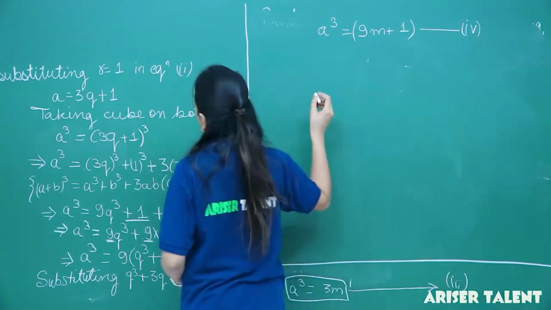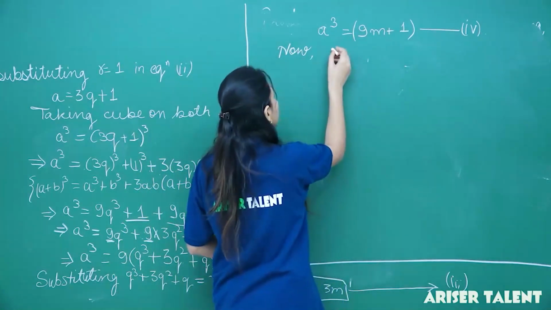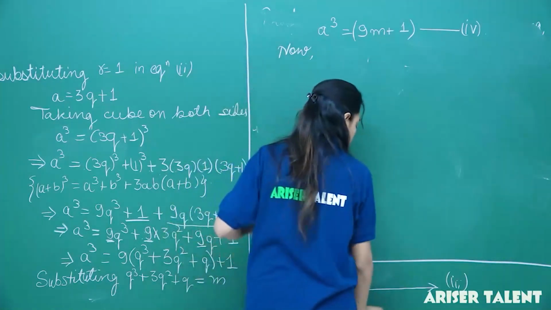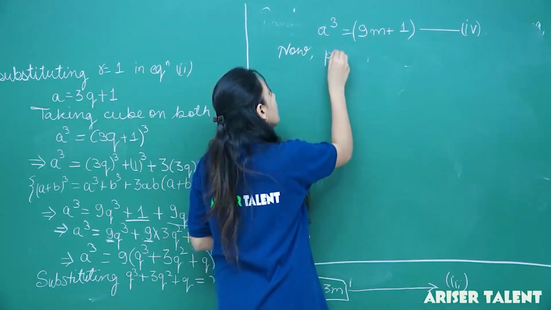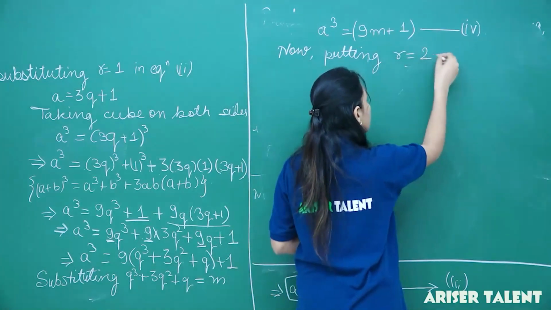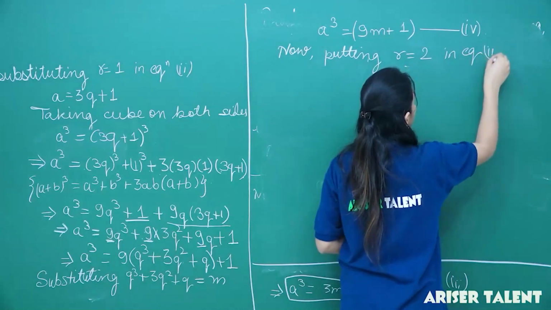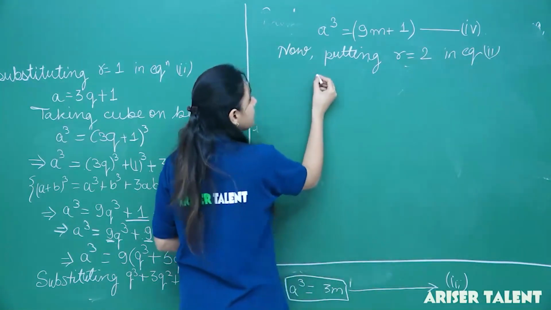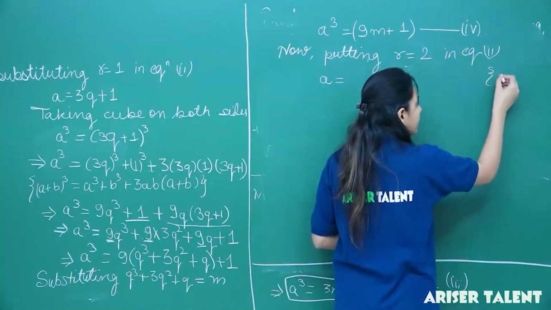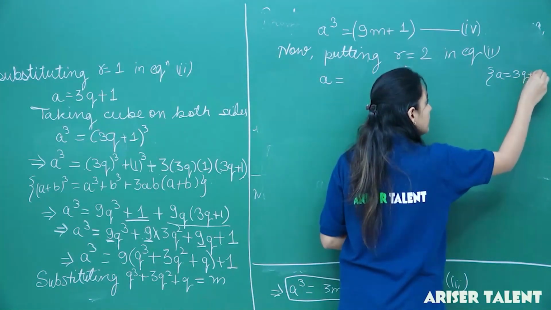Okay, so now you all know what's the next step. Substituting. Now putting r equals 2 in equation second, what will we get? The equation was, I am writing that here, a equals 3q plus r.